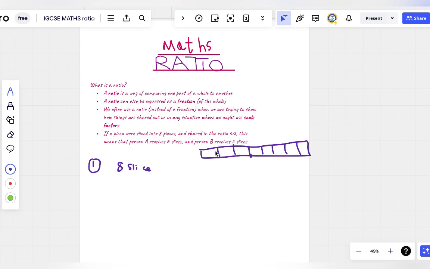If I decide to shade the first, the second, and the third one, and then we ask what is the ratio of the shaded one, when we are comparing one part of a whole to another, then we can talk of ratio.